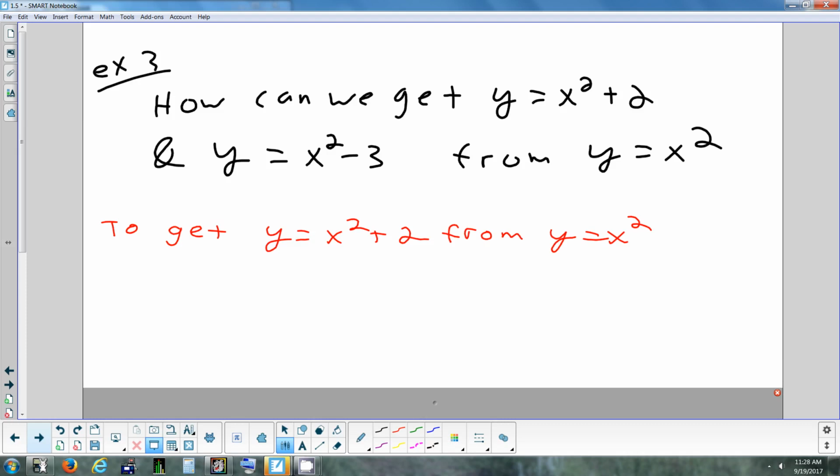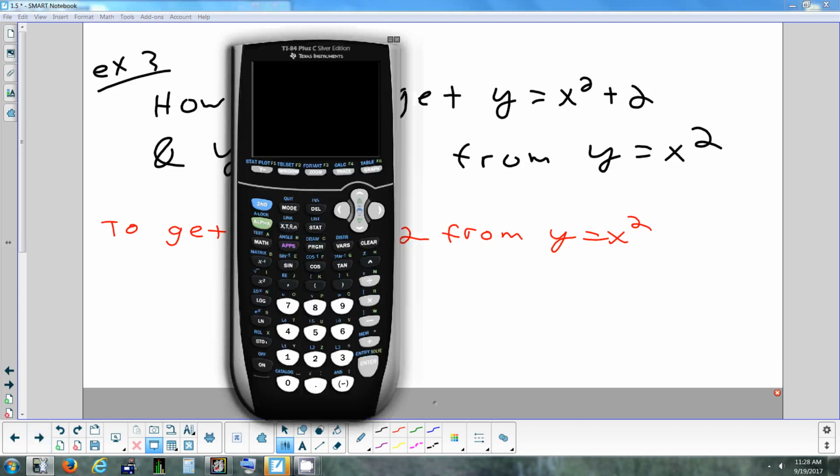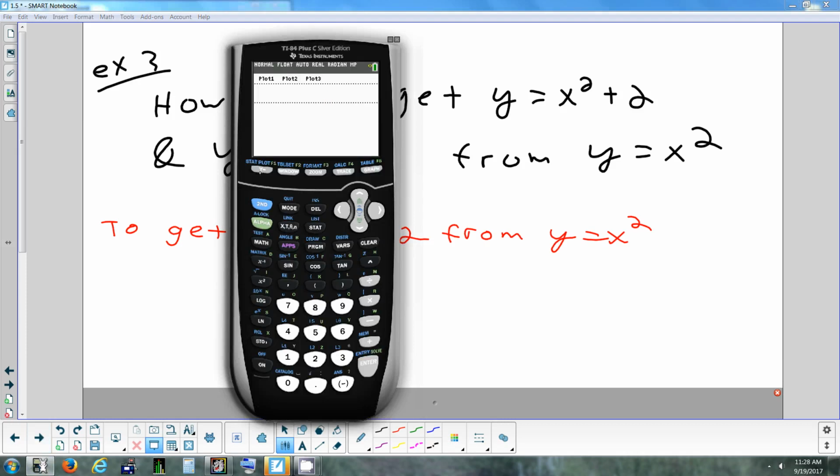So the x squared plus 2 is going to move it up, and I'll just show that real quick. So there's x squared, there's x squared plus 2. And you get the same graph, just shifted up 2 units. Okay.